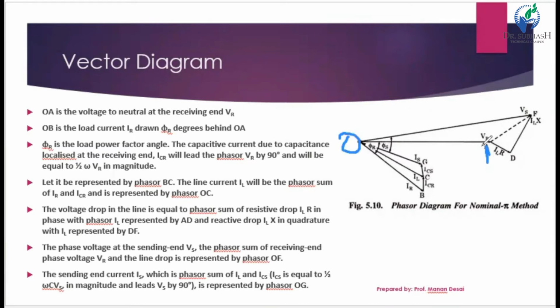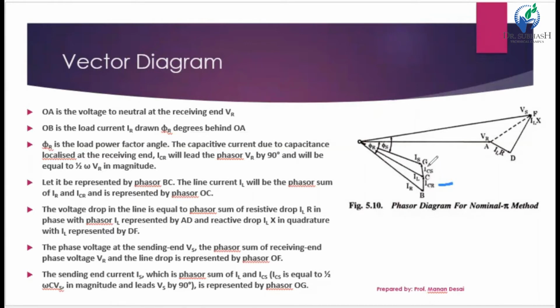OB is the load current IR. Phi R is the load power factor angle. It is lagging, and the capacitive current due to capacitance localized at the receiving end, ICR, will lead the phasor VR by 90 degrees and will be equal to 1/2 omega C VR in magnitude.